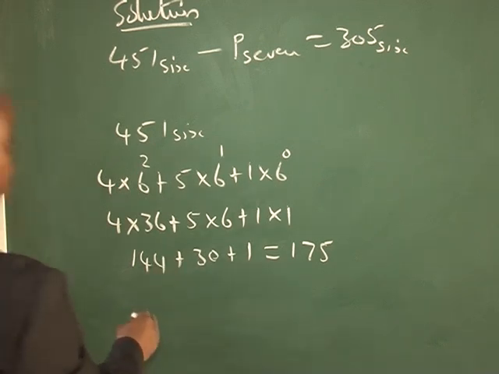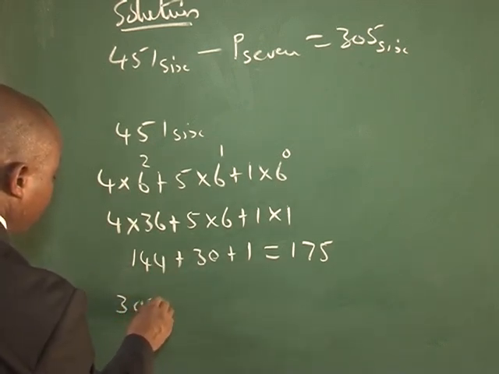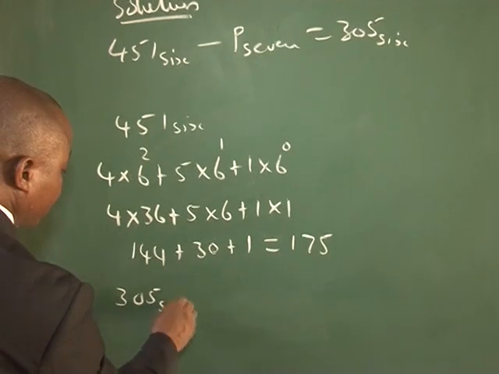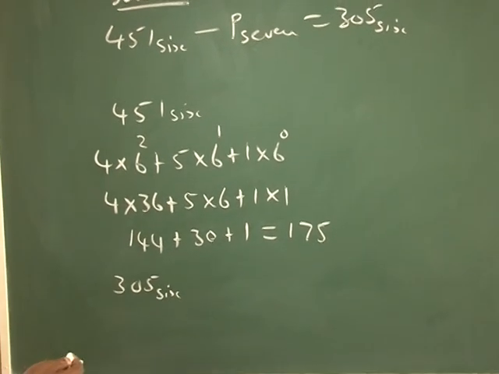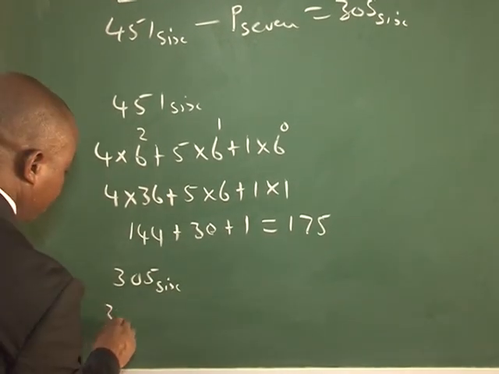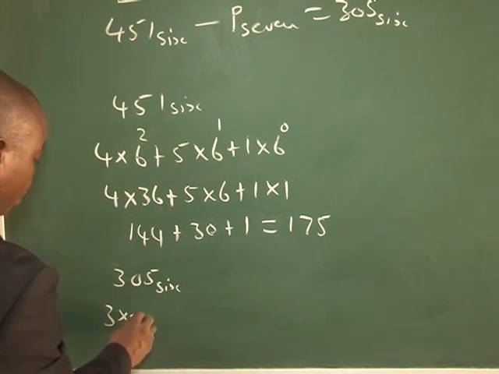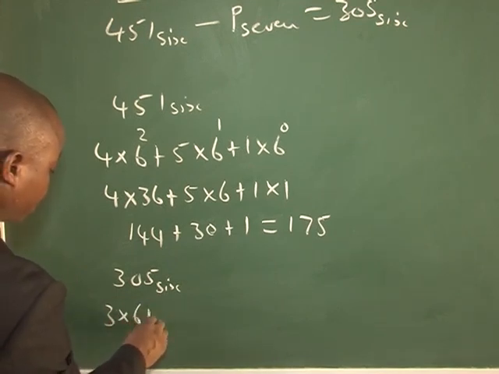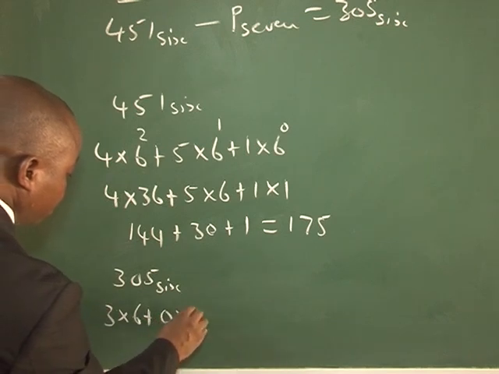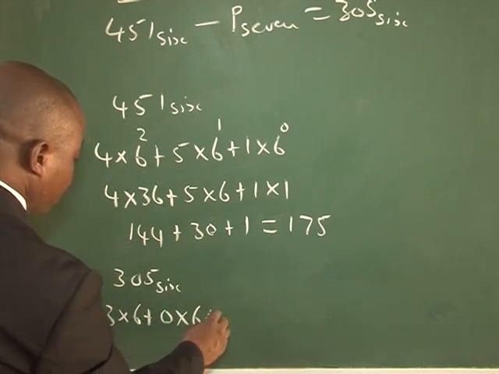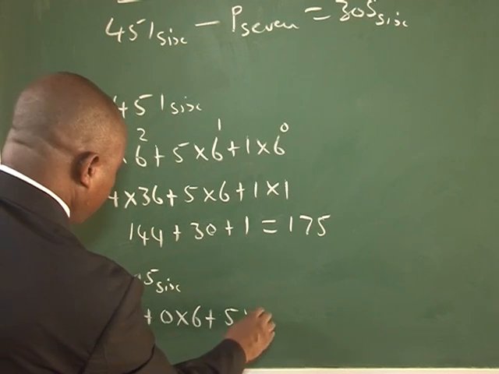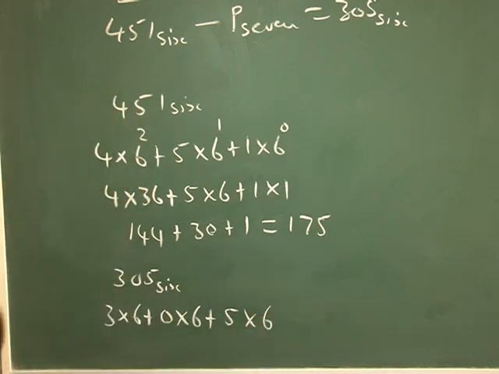Also convert 305 base 6 to base 10, and that will give us 3 times 6 plus 0 times 6 plus 5 times 6.